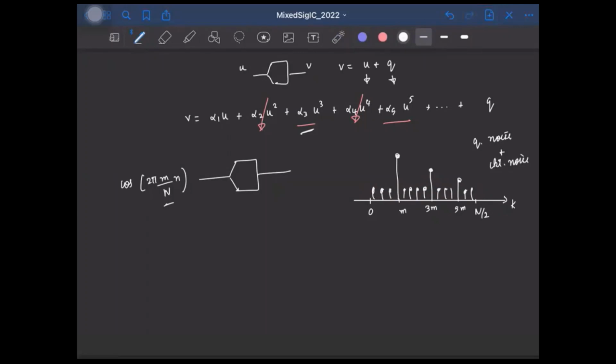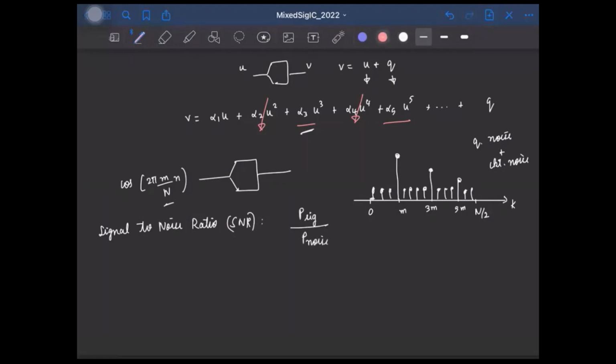There are two metrics we use to characterize the ADC. One is called the signal to noise ratio, that is SNR. We compute it as the ratio of the signal power to only the noise power.